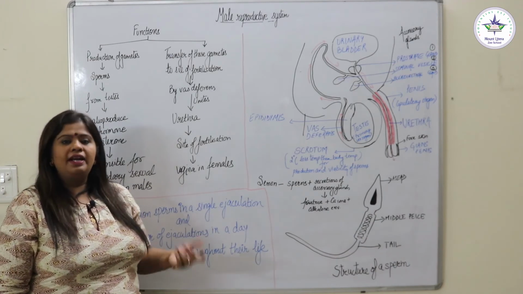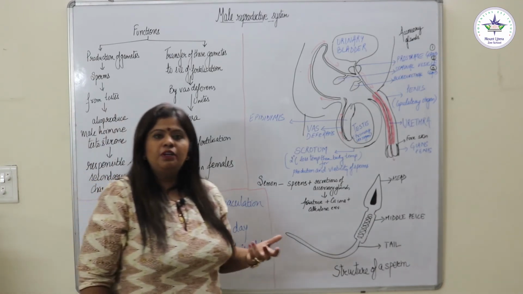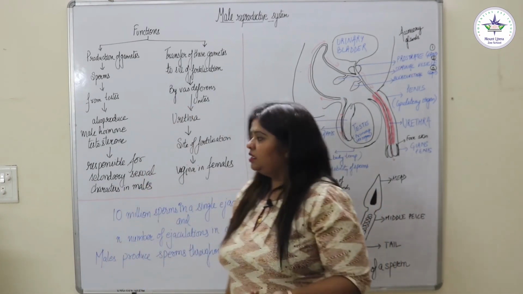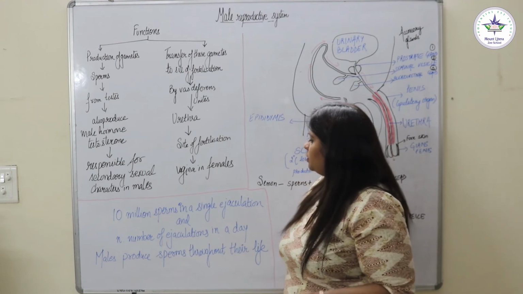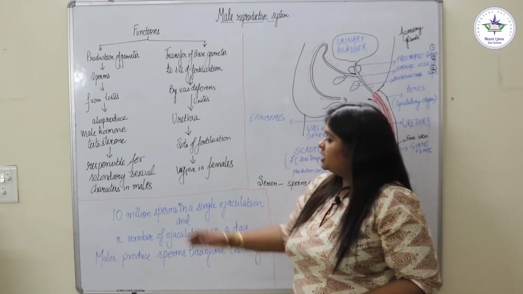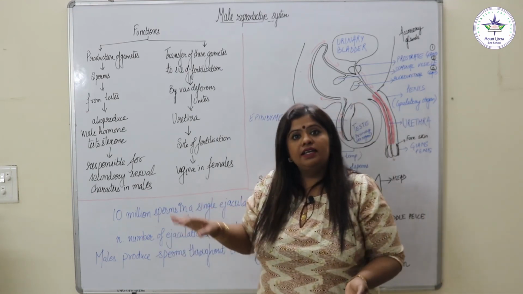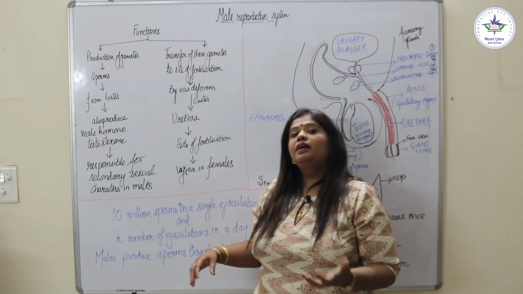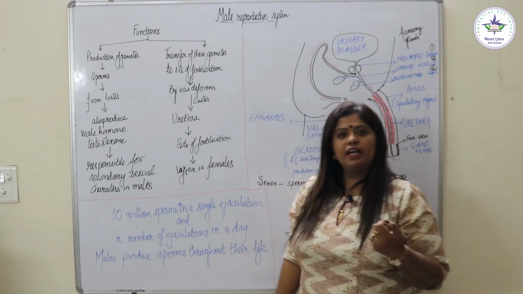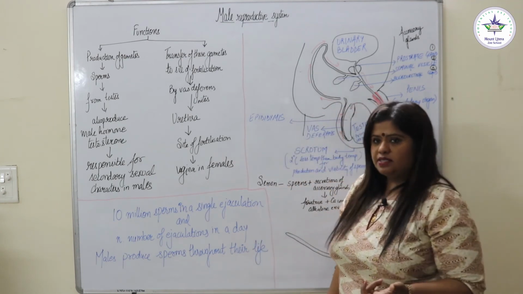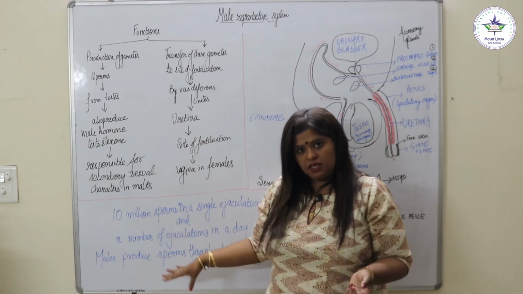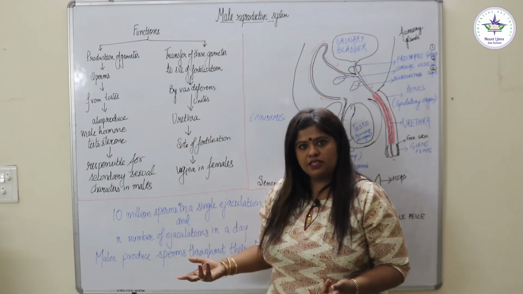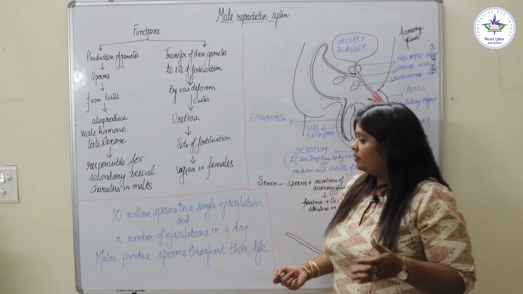That's the reason many times couples are not able to produce a child. They are not able to give birth to a child. They are not able to conceive. Why? Because the sperm count has decreased. This number of sperms is necessary to ensure that fertilization will take place and it will result in pregnancy. The lesser the number of sperms, the chances of fertilization will be decreased.